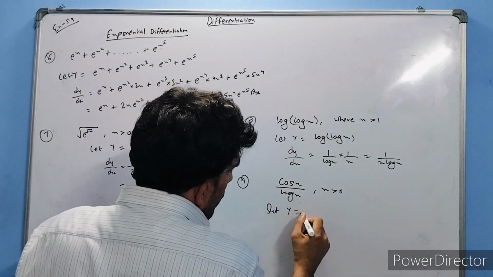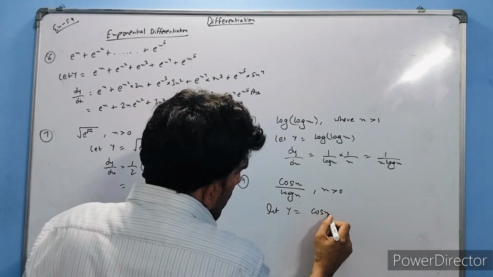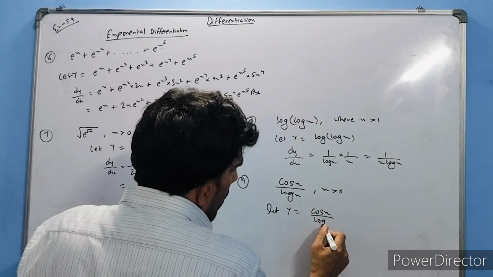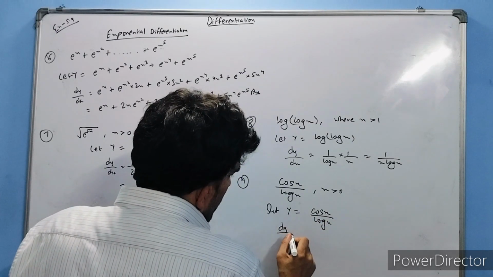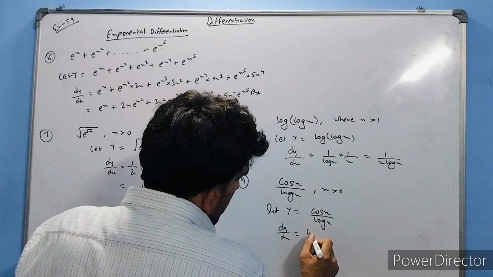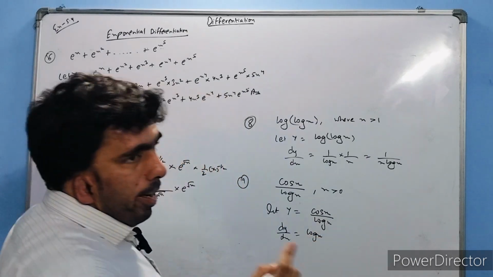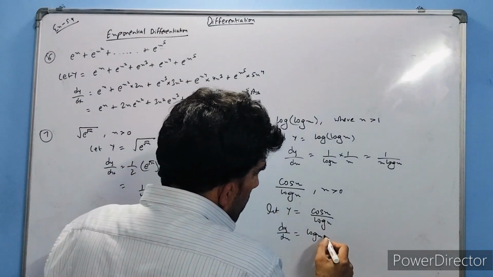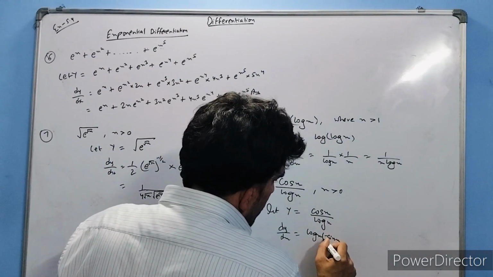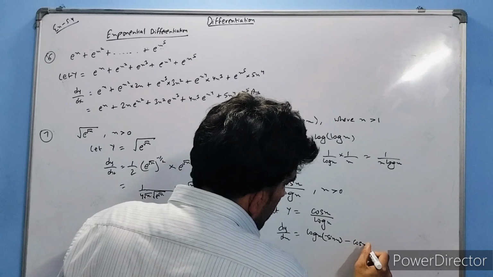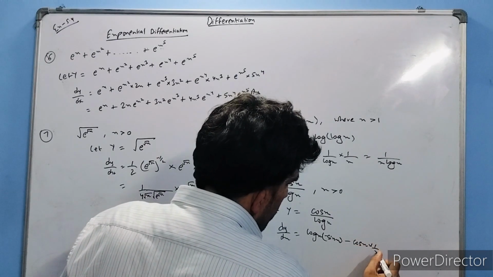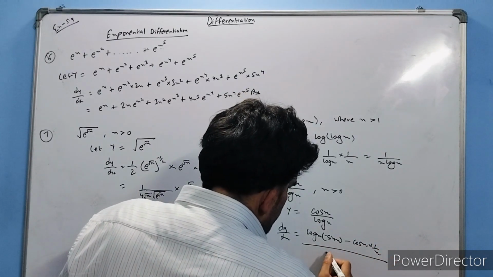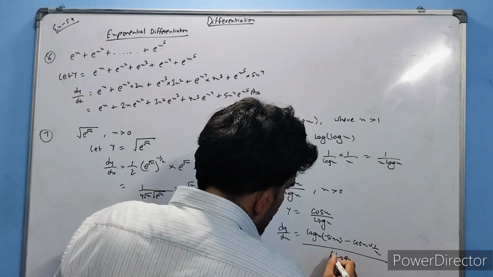Let y is equal to cos x upon log x. We'll use the u by v differentiation here. So dy/dx is equal to log x into the differentiation of cos x, minus sin x, minus cos x into the differentiation of log x, 1 upon x, upon log x whole square.